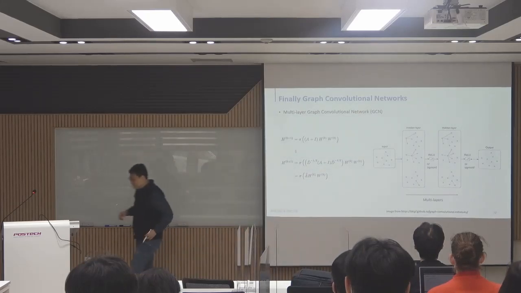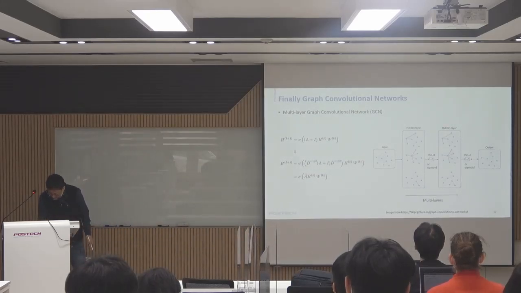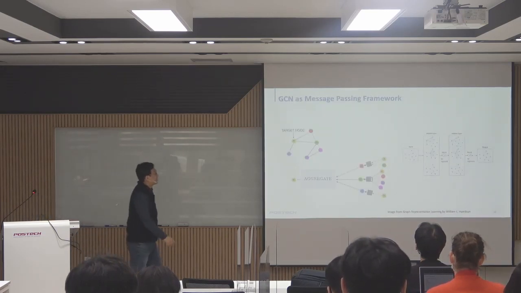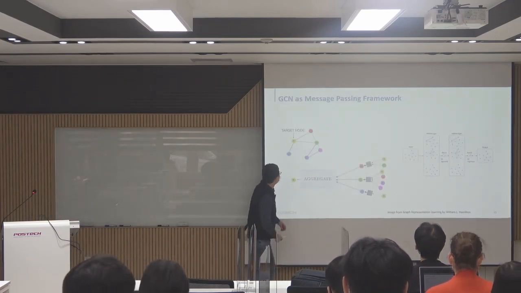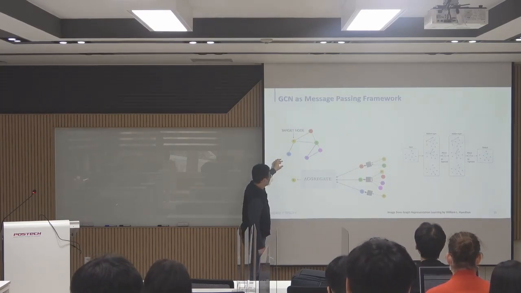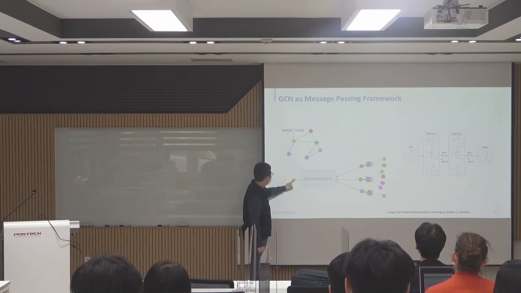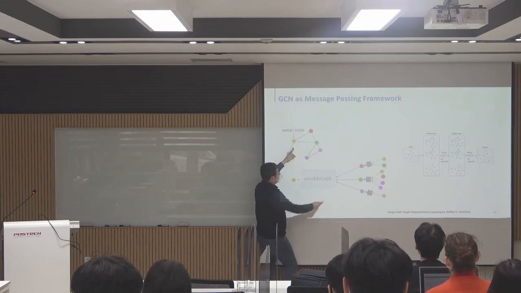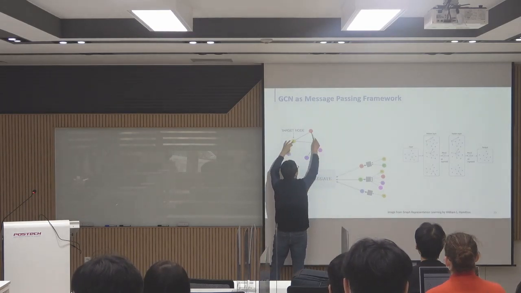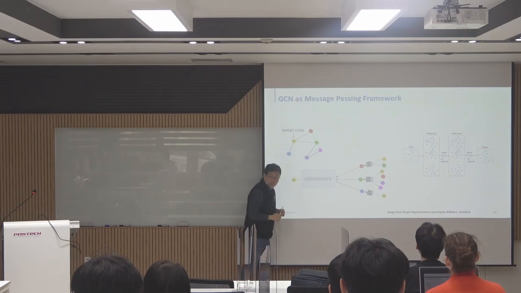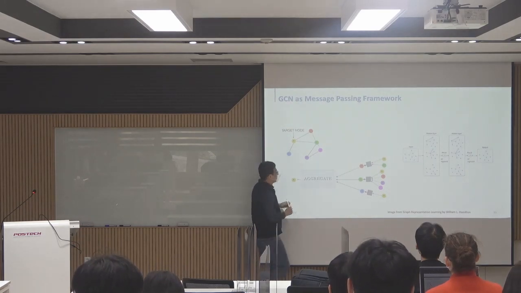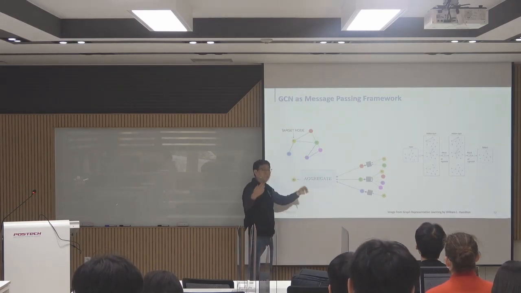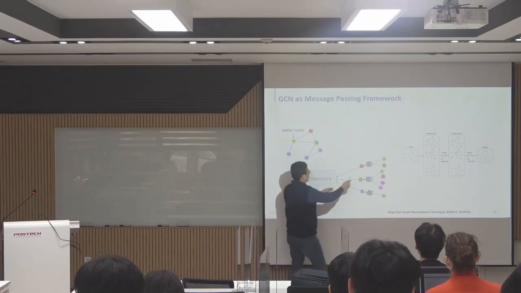What I'm trying to say is, suppose we have only two hidden layers. So I have A, and first we update B based on B, C, and D. But B, C, and D are the updated ones from the previous layer.